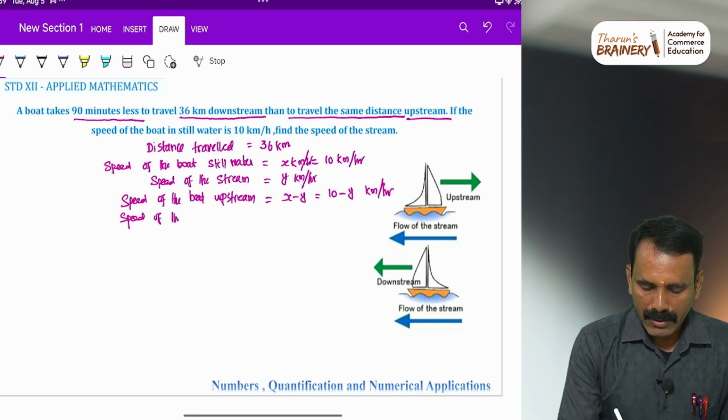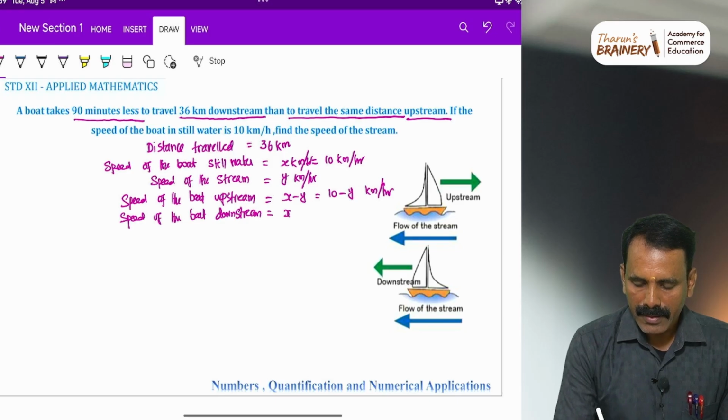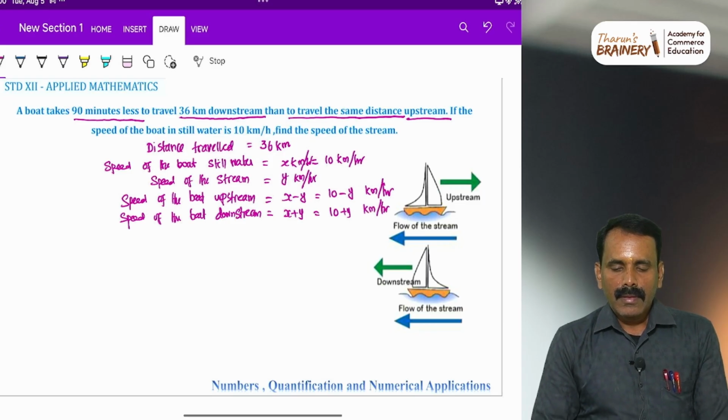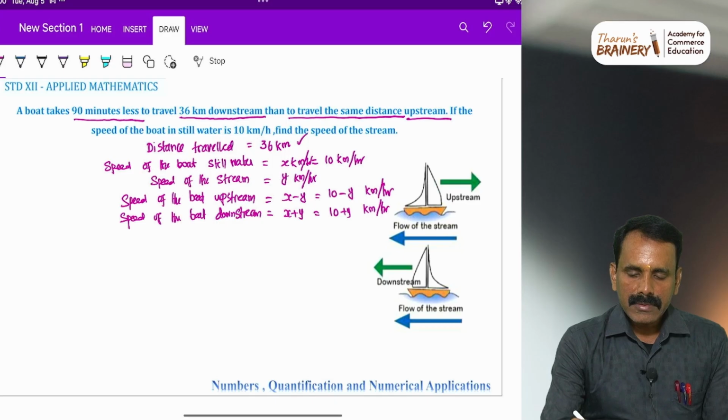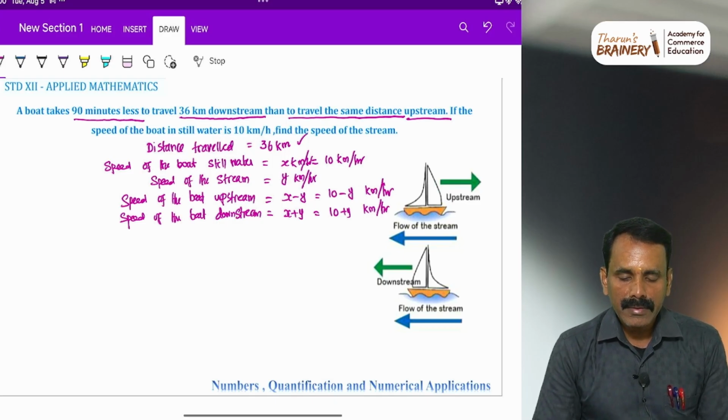Speed of the boat downstream, for the downstream motion, the speed of the boat will be increased. It will be x plus y, that is 10 plus y kilometer per hour. Now distance is already given to us, so we are supposed to calculate the time taken for the upstream travel and time taken for the downstream travel.